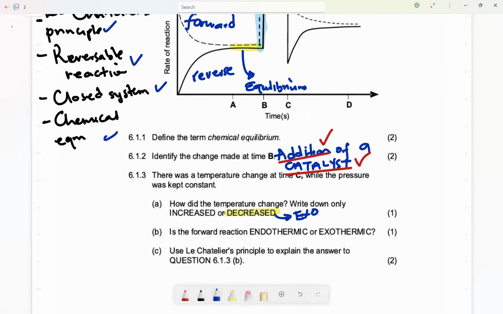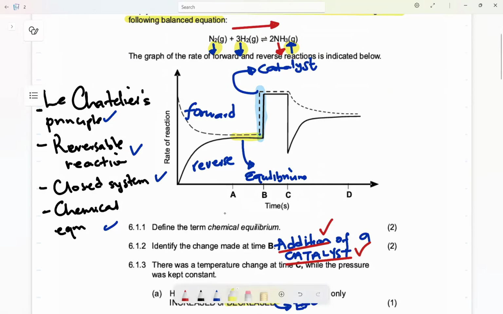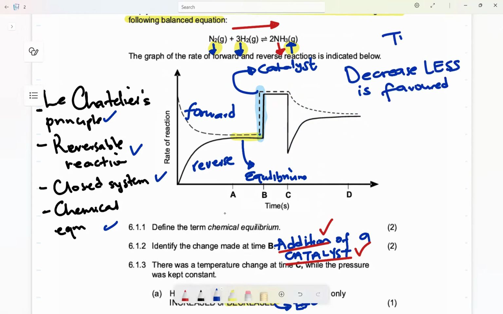So which one was favored between the two? Let me see. There was a decrease in this one. Remember I said on this disturbance, if it is temperature or pressure, the one that decreases less is favored.